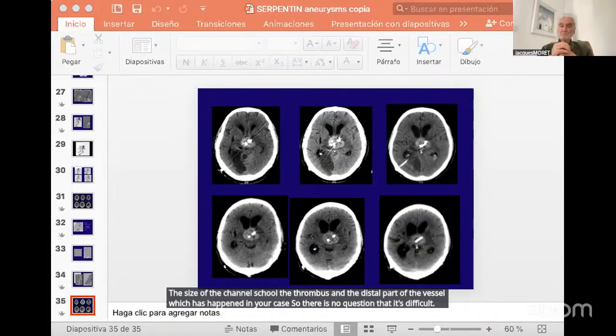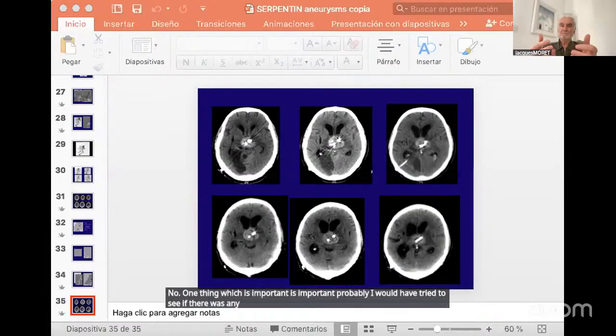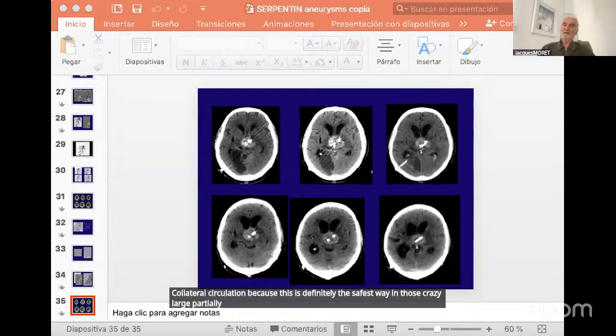Now, one thing which is important is that I would probably have tried to see if there was any possibility to occlude the parent artery before adding a stent. We always try to see if there is a potential way to occlude the parent artery with enough collateral circulation, because this is definitely the safest way in those crazy large, partially thrombosed and serpentine aneurysms.